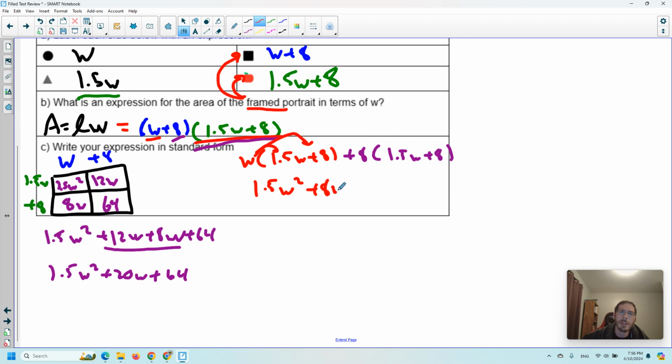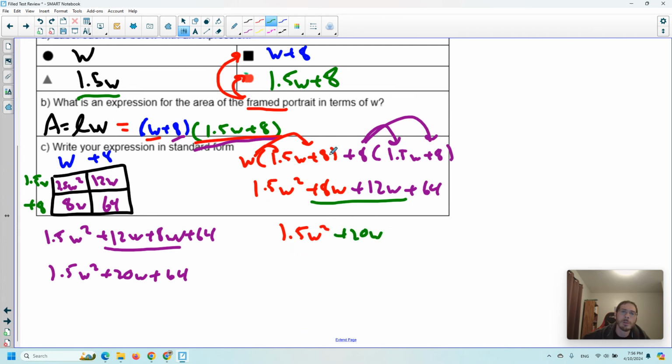W times 8 is 8 W. 8 times 1.5 is 12, so 12 W, and then 8 times 8 is 64. And just like before, we can see these middle terms are going to combine. So if we combine our like terms, 1.5 W squared plus 20 W plus 64. So we get the same answer either way.